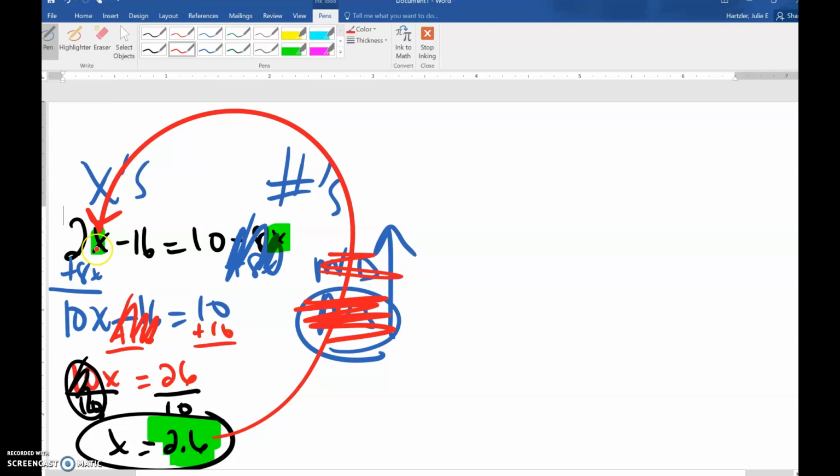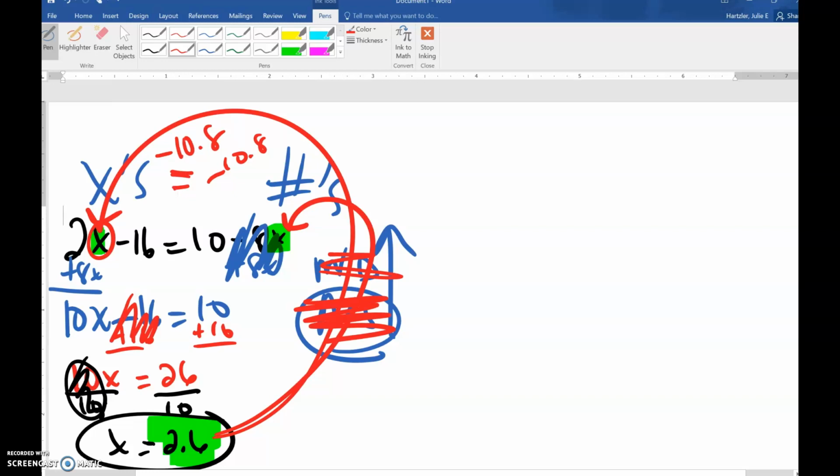So you're going to take 2 times 2.6 minus 16, enter, and I get, what, a negative 10.8. And then you're going to put it over here. So you're going to take 10 minus 8 times your 2.6, enter, and I get another negative 10.8. So I know they're balanced. I know the left is balanced with the right, so I know I'm right.